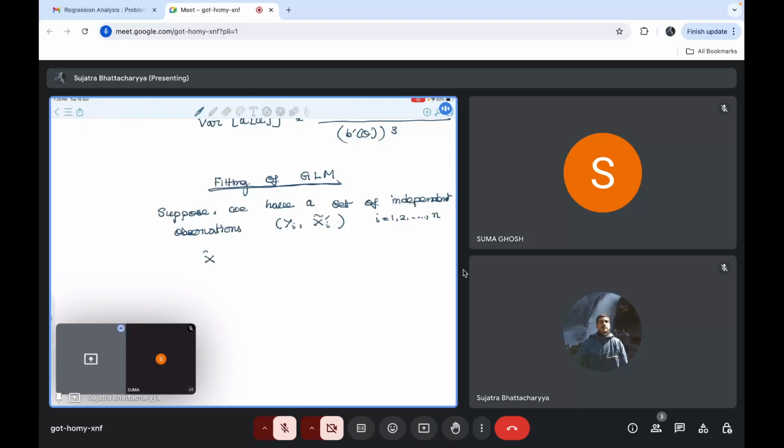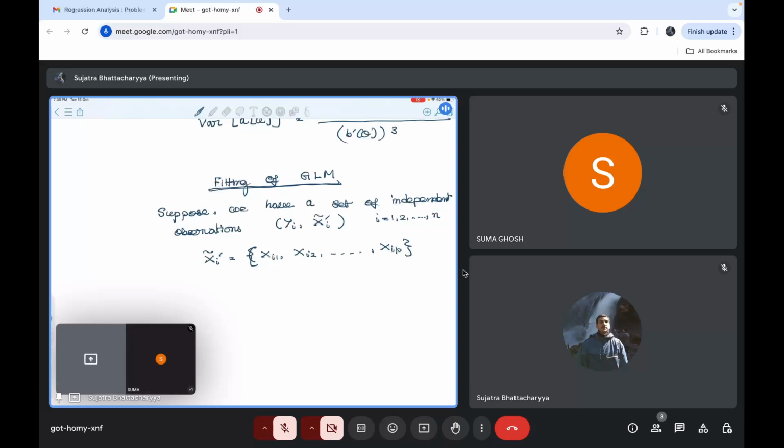So what does this xi prime represent? It is xi1, xi2, and so on up to xip. Just like what we have done for the multiple linear regression model, if you remember, we have taken this p as k minus 1. Here we are talking about only p. There are p unknown parameters.